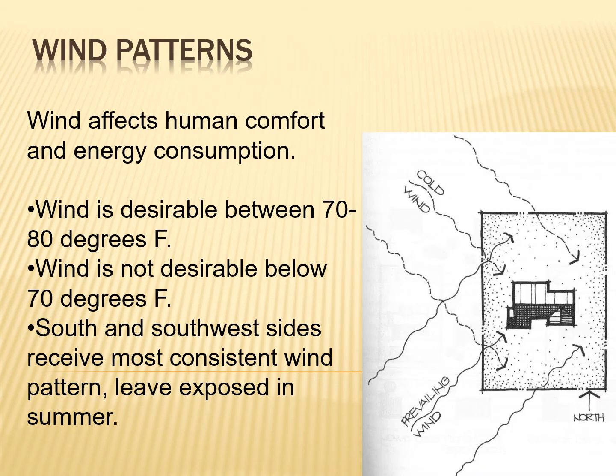Wind patterns can affect our comfort in using the landscape space. There's a desirable range of where wind is desirable, and that's usually in the 70 to 80 degrees, so pretty comfortably warm weather, but not too warm. Once you get below 70 degrees, wind is not so desirable.